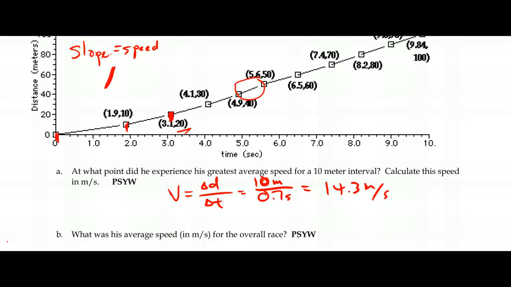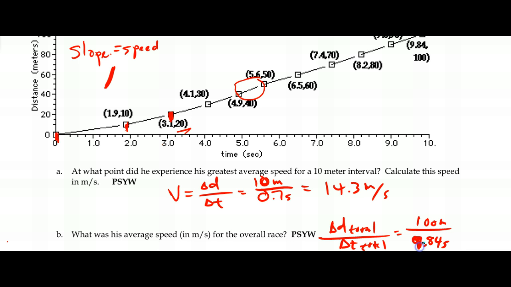Okay, now in this second part, we're looking for the average speed for the overall race. Again, anytime you're looking for the average speed, you're looking for the total change in distance divided by the total change in time. So it's a 100-meter race, so it's going to be 100 meters. And the total time is 9.84 seconds from start to finish.